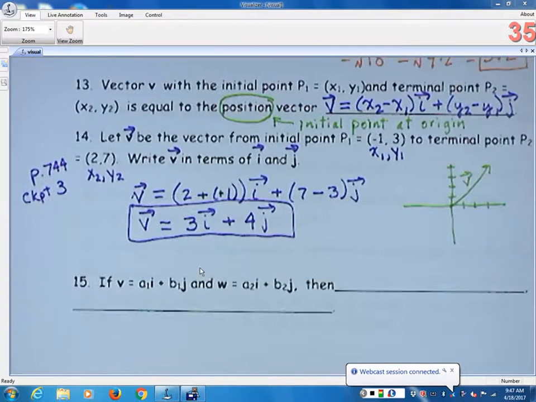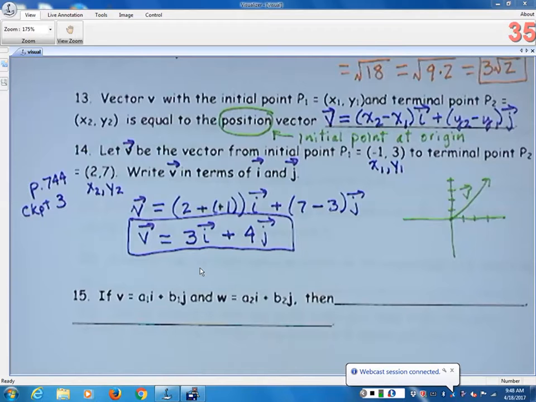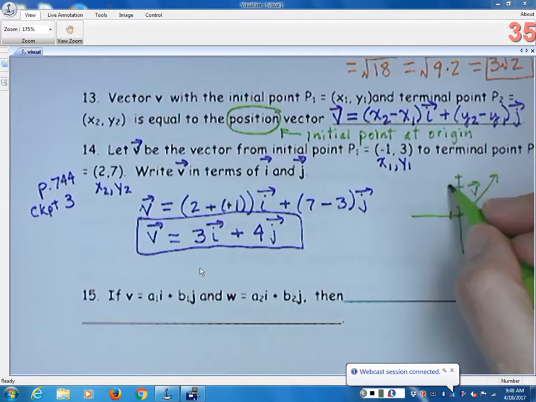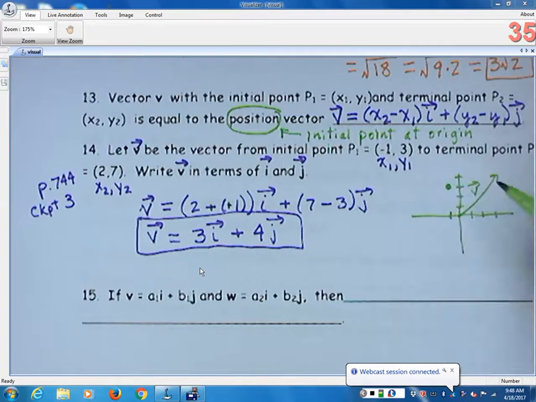Oh, the initial vector, what was that? -1, +3, and then 2, 7.